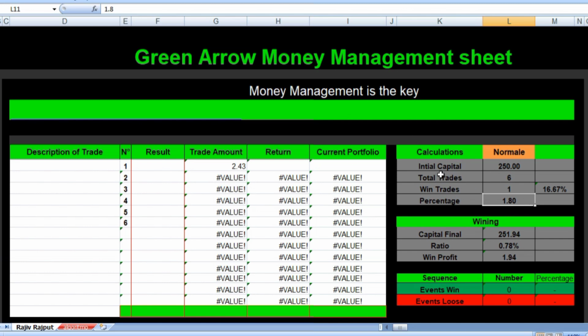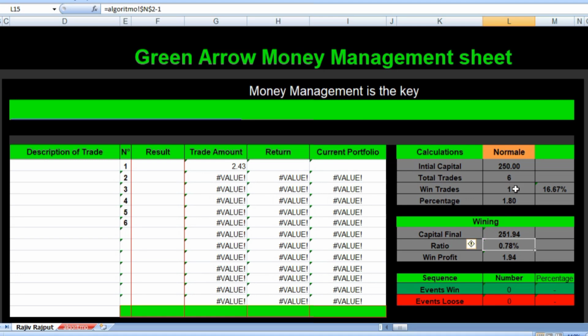So this is our first panel, and here these are the operational details that you have to fill very carefully. And guys, this is our second panel, and here you will get some percentage or some details of the winning trade.